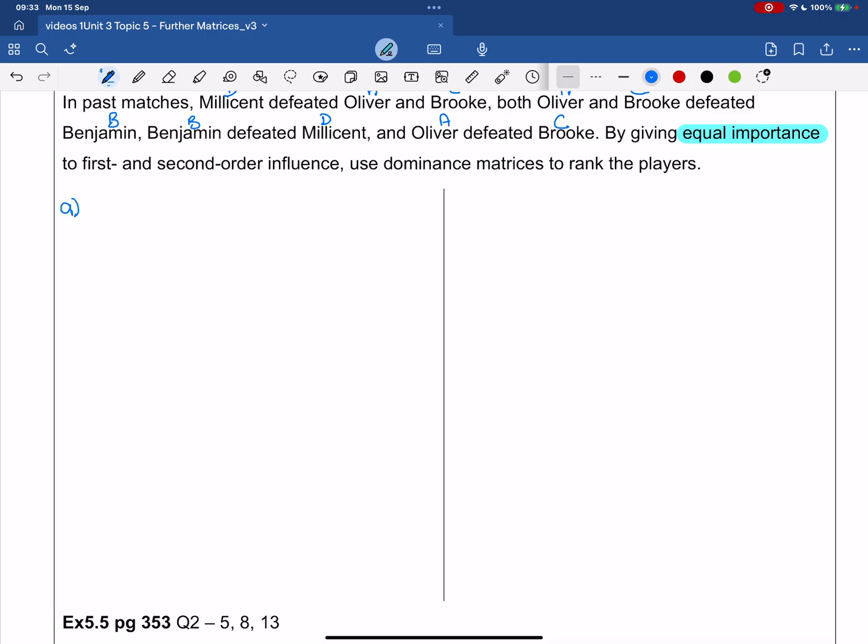So let's start with defining our variables. So let A equal Oliver, B is Benjamin, C is Brooke, and D is Millicent, and M will be my dominance matrix.